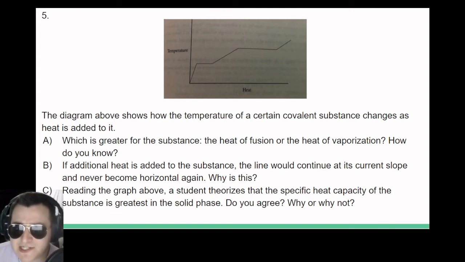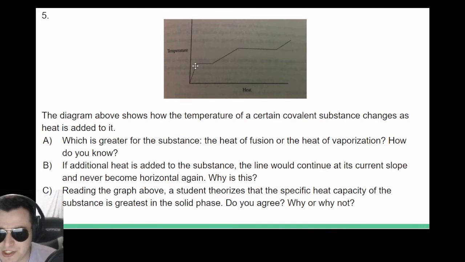A student theorizes that the specific heat of the substance is greatest in the solid phase. Well, my goodness, could they possibly be drawing your attention to the steepness of this slope here? Meaning I only had to put in a small amount of energy to experience this great of temperature change?